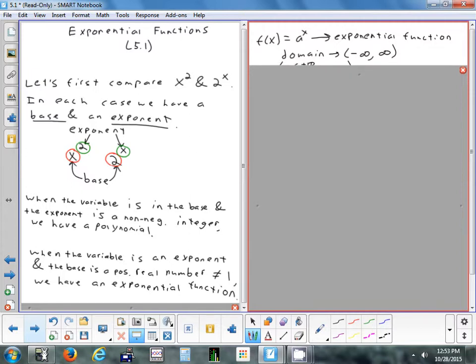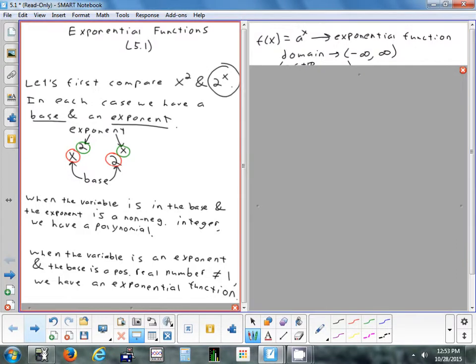So in an exponential function, the domain is negative infinity to infinity. Think of this expression right here, 2 to the x. Ask yourself, is there any number you're not allowed to use as an exponent on 2? No. You can do 2 to the 0, 2 to the 1, 2 to the -7th if you want.